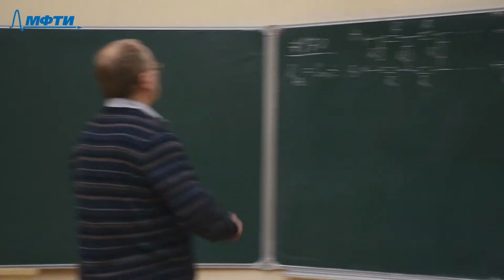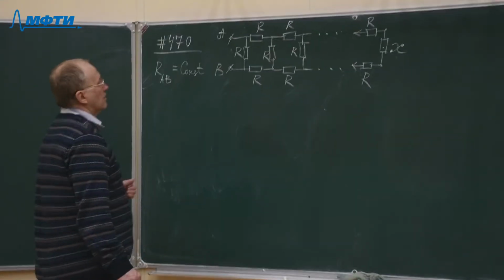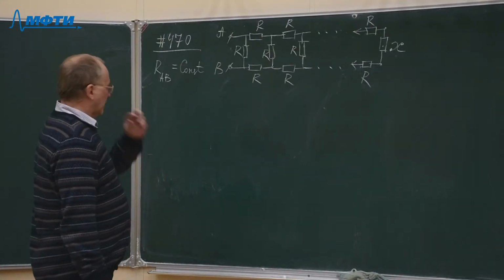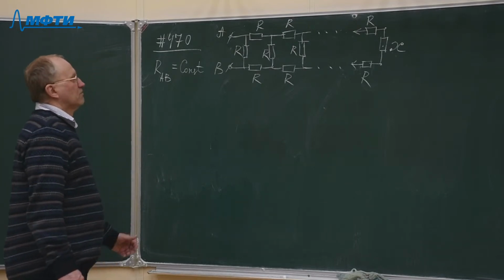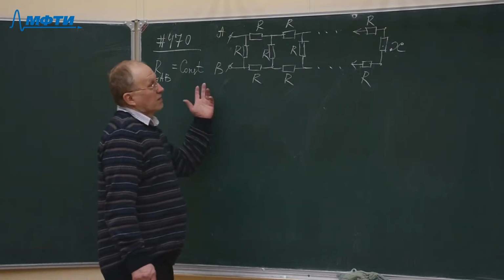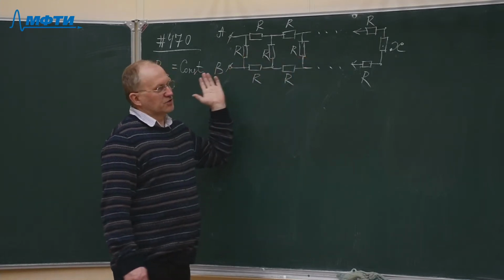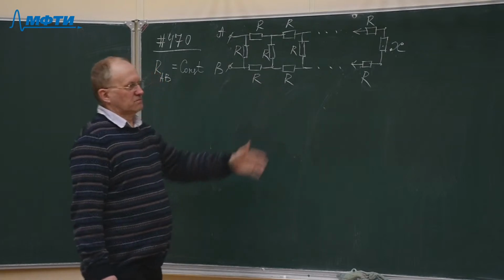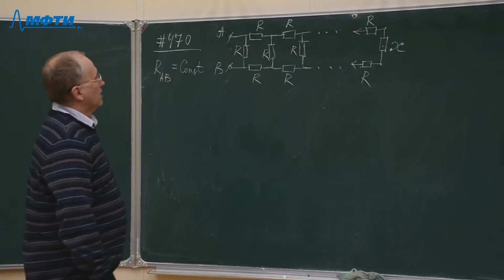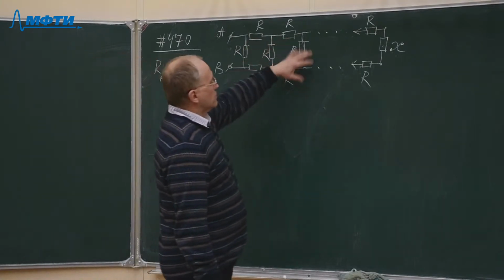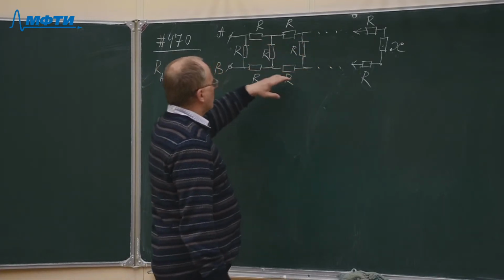So, how can we solve this problem, which includes a practically unknown number of identical cells, which may be very large, 1,000, 2,000, or just 3 or 5 identical cells?